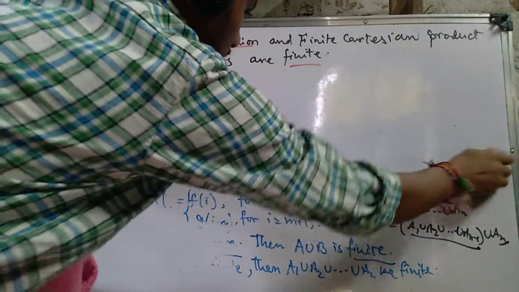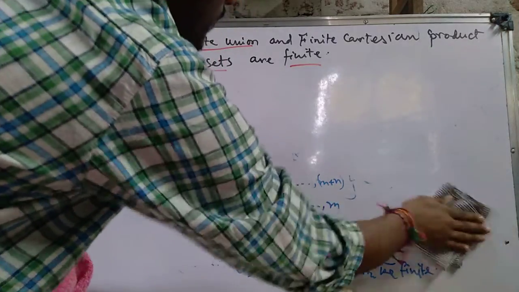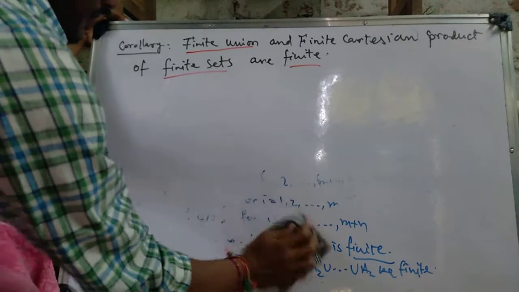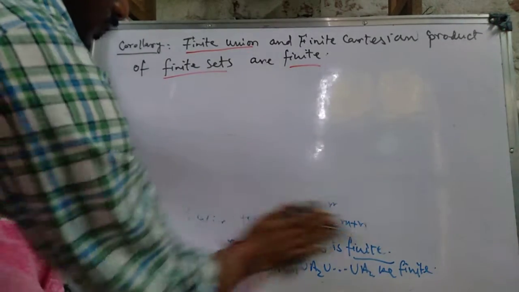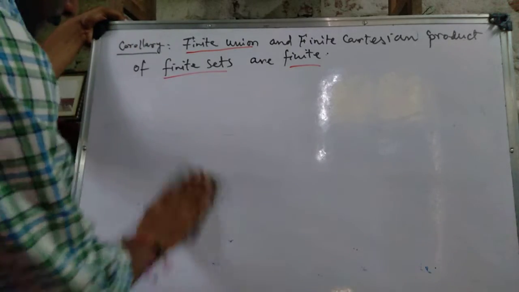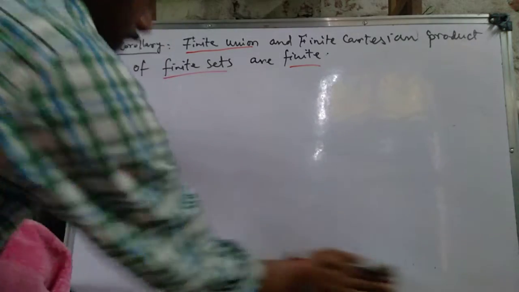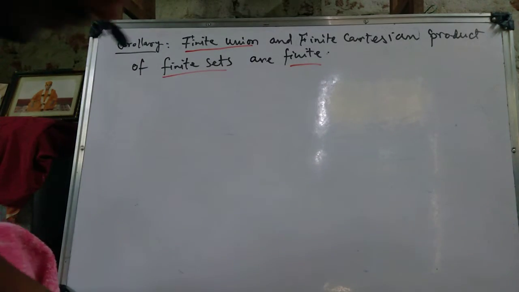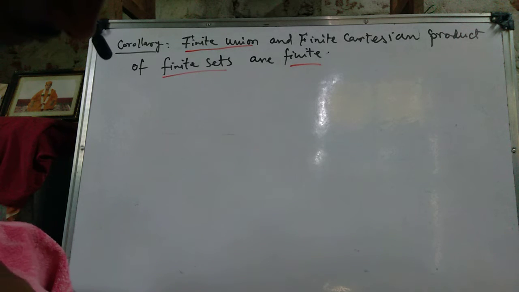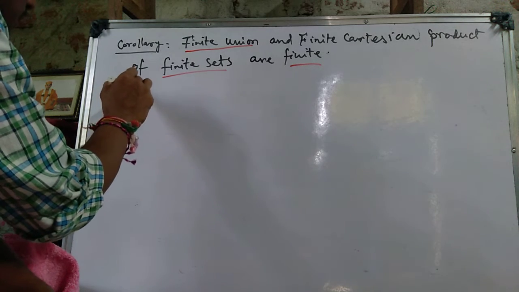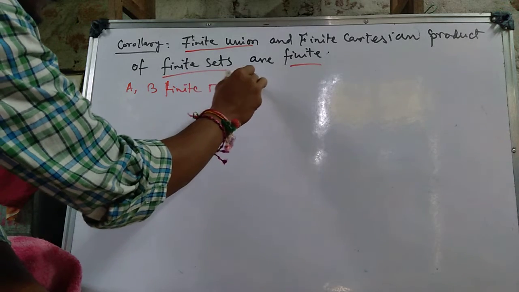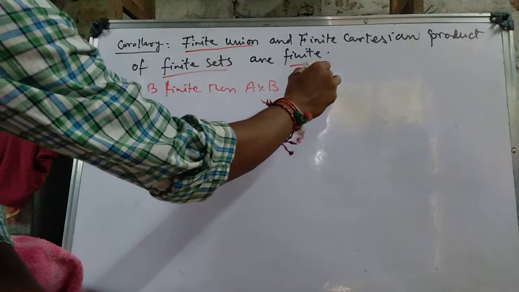Then we are going to further prove that a finite Cartesian product of finite sets is finite. Now the Cartesian product of two finite sets is finite. First we show that if A and B are finite, then A Cartesian product B is finite.